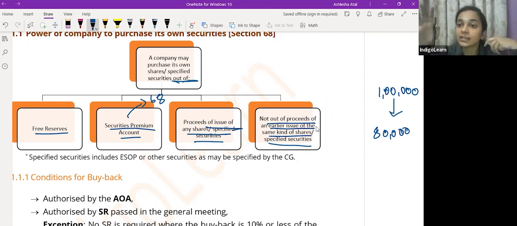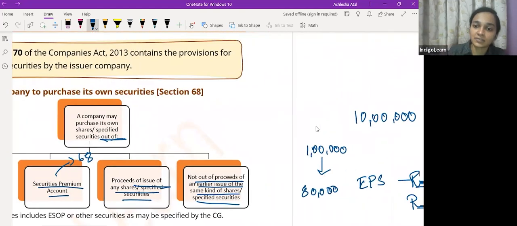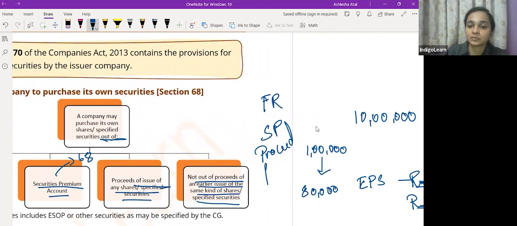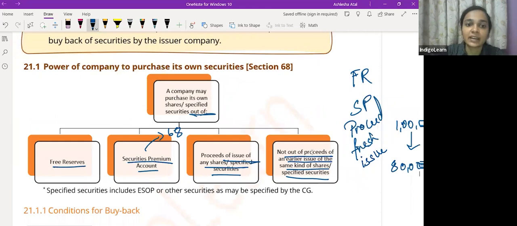If you had issued the same kind of shares or specified securities earlier, you cannot use that money. You can do it from 3 sources: one is free reserves, one is the securities premium account, and the other is proceeds of a fresh issue, not an earlier issue. So these are the sources out of which the company can buy back.